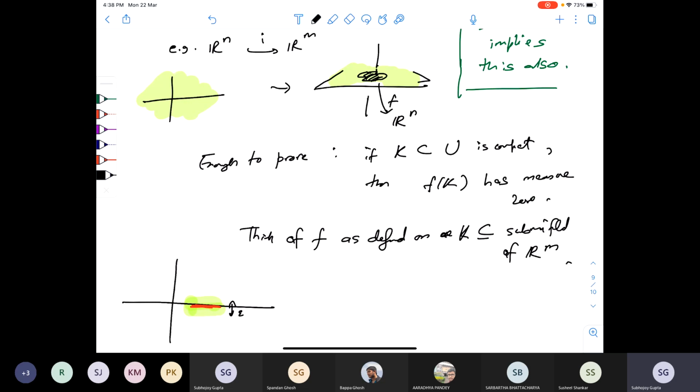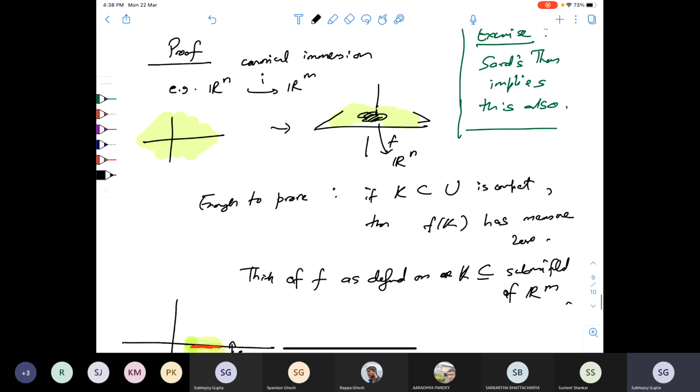So this subset K has measure 0 if you think of it as sitting inside Rm. Then you use the proposition to say that the image of a measure 0 set has to again be measure 0, and that's what you wanted.